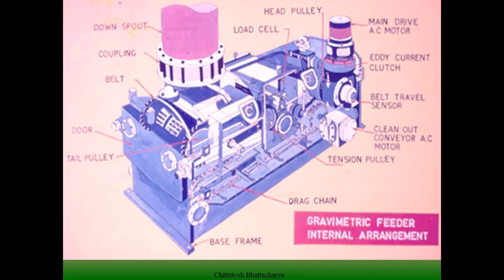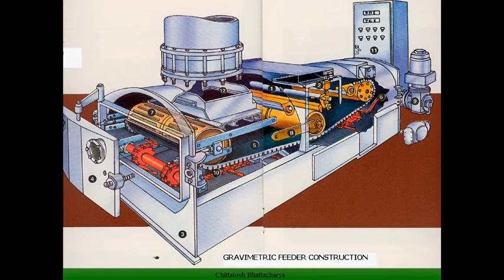Even with the belt tension, there is a certain amount of slippage, around 2 to 3% slippage. There is a belt travel sensor which is sensing the rotation per second, and there is a clutch to quickly stop the belt in case of no coal flow.